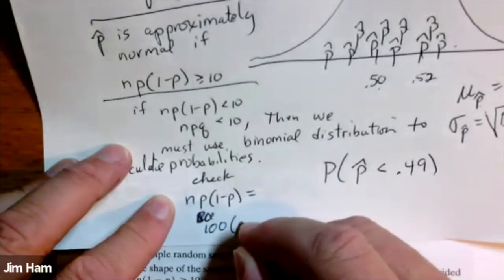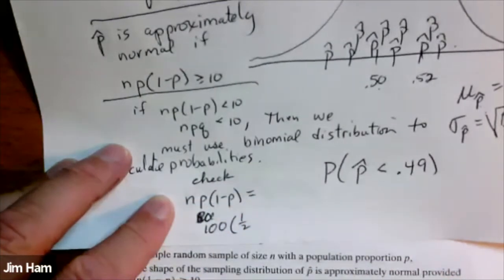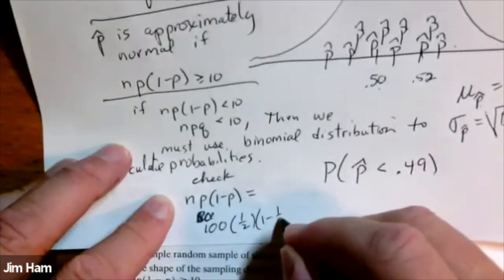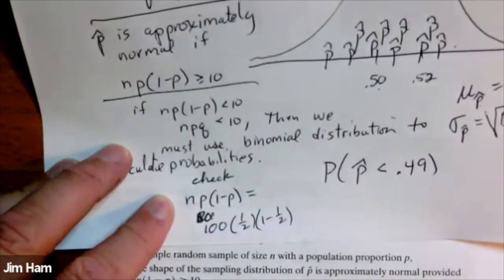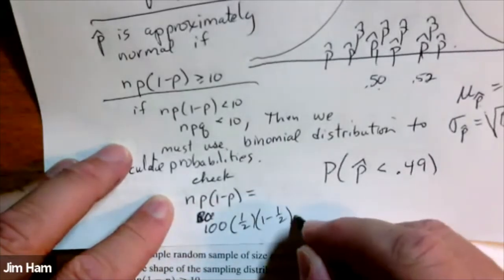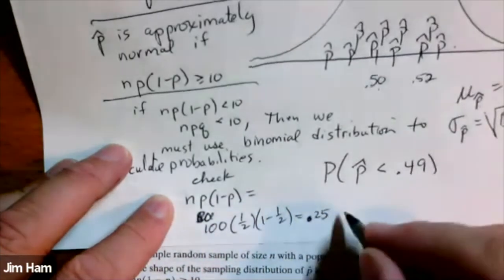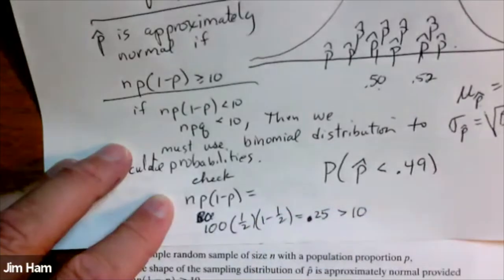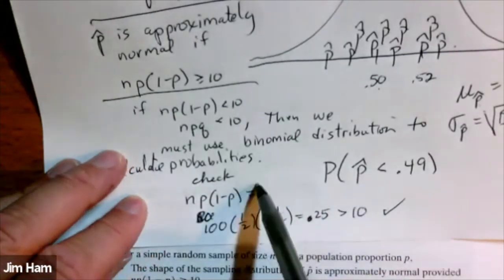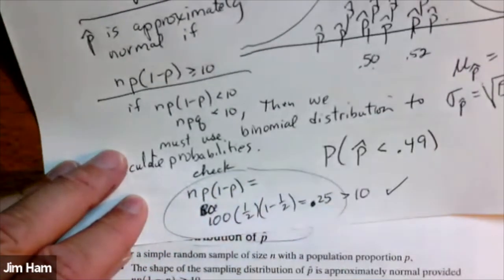The probability of a success, getting a head on each trial, is 1/2. And then 1 minus that is also 1/2. And 1/2 times 1/2 is 1/4 times 100, and you get 25. And 25 is larger than 10. So therefore, the sampling distribution is approximately normal. But you really should check this condition. If it doesn't hold, then you're forced to use binomial probabilities.